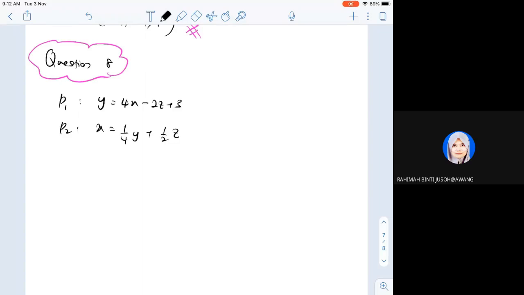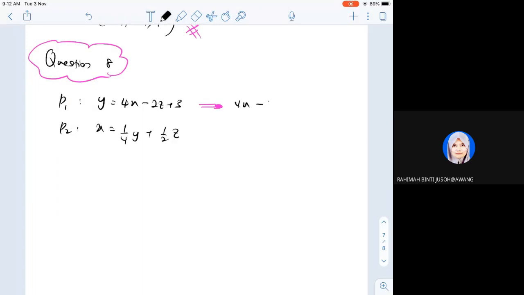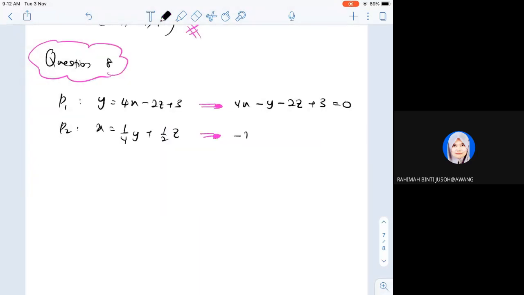So now from P1 ni, kalau we rewrite again this into equations of plane, we can have 4x minus y minus 2z plus 3 equals to 0, right? And then for the second plane, if we rewrite again, we can have negative x plus 1 over 4y plus 1 over 2z equals to 0.